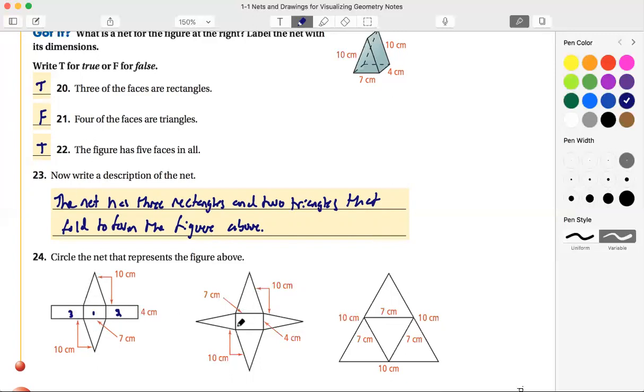That looks good. This one, we have 4 triangles in a rectangle, so that doesn't work. Here we just have a bunch of triangles. That doesn't work. So it looks like it's got to be this figure. And you see how if you folded these rectangles up and folded these triangles up, you would get this figure.